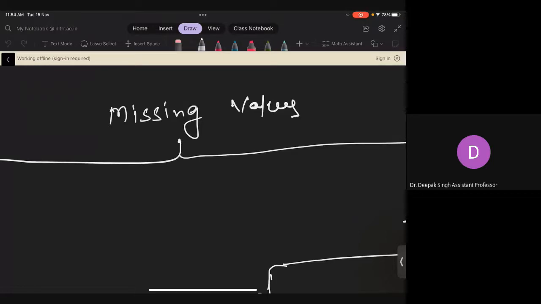That is the third one. It could be because of the presence of categorical data which needs to be converted using various types of encoding techniques, and the presence of outliers could also be one thing.